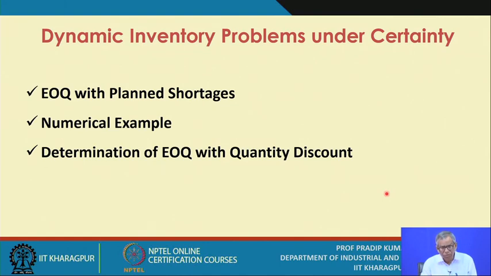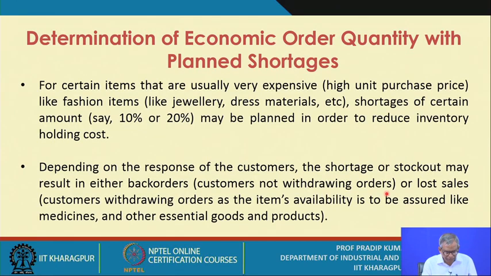This whole concept is referred to as a quantity discount, and it is a well adopted policy everywhere. So, knowing the quantity discount scheme, how to determine the order quantity for the given inventory item. These are the two important issues we are going to discuss during this lecture session.